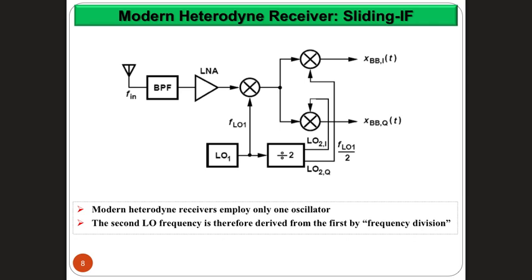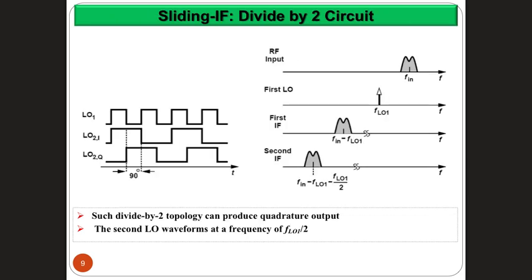Okay, so again, the characteristics of this. This slide shows you how a divide by 2 can do the operation. So basically, this is local oscillator 1. If you think of it as a square wave, then local oscillator 2 is just going to be as if it's a second bit counter.